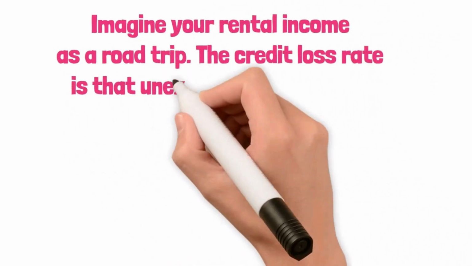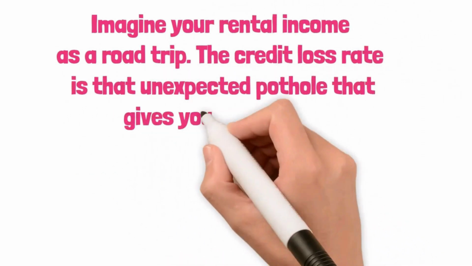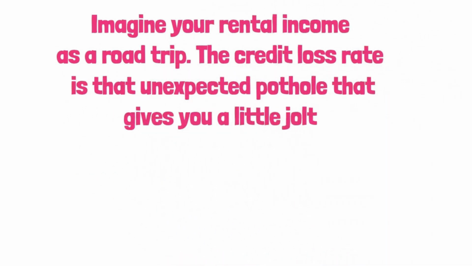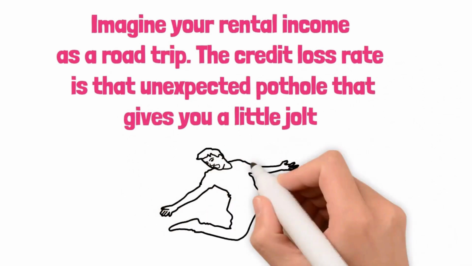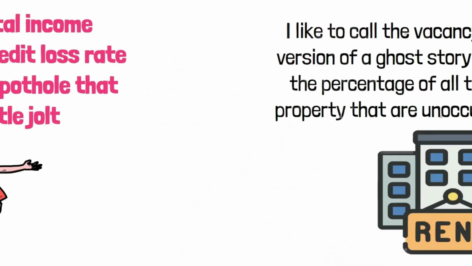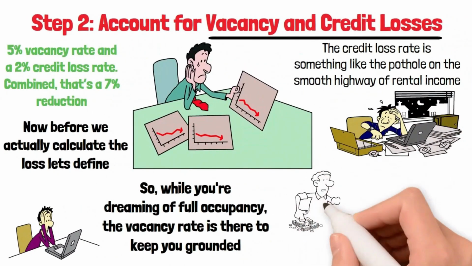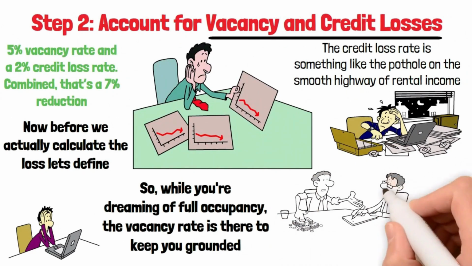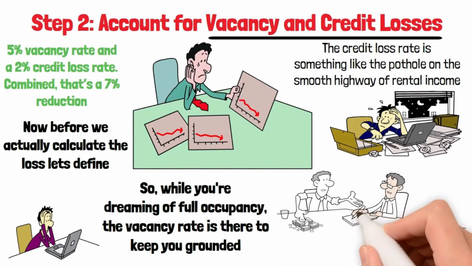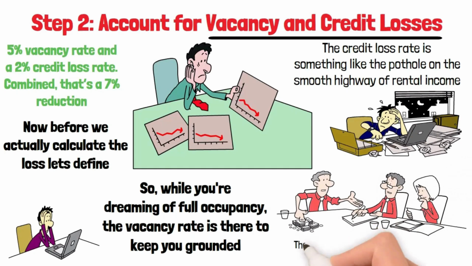The credit loss rate is that unexpected pothole that gives you a little jolt, reminding you that not all tenants will be as punctual as your morning alarm clock. So, while you're cruising along, enjoying the steady flow of rental income, keep in mind those occasional bumps in the road, the credit loss rate that can slightly detour your financial journey.